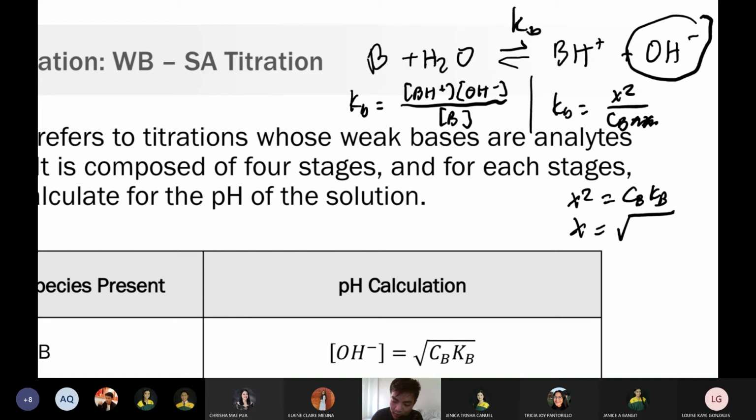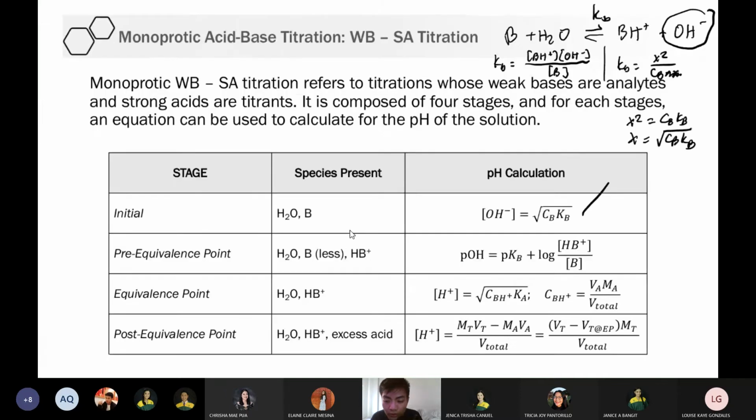Take the square root, so you have the square root of CB Kb. That is the reason why the equation is like that. It is just equilibrium. Notice that as long as you know the equilibrium, you know how to derive the answer.